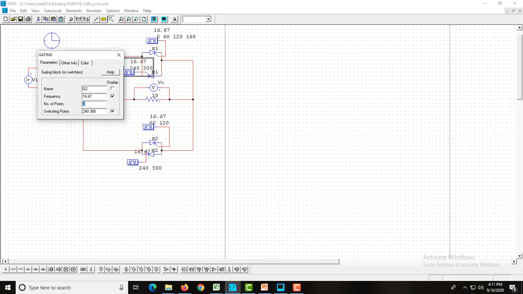Now we can apply, I think, yes, V in. First there is the input side, input voltage, and the output voltage is like this, right? So we are obtaining the negative half cycle as 3.